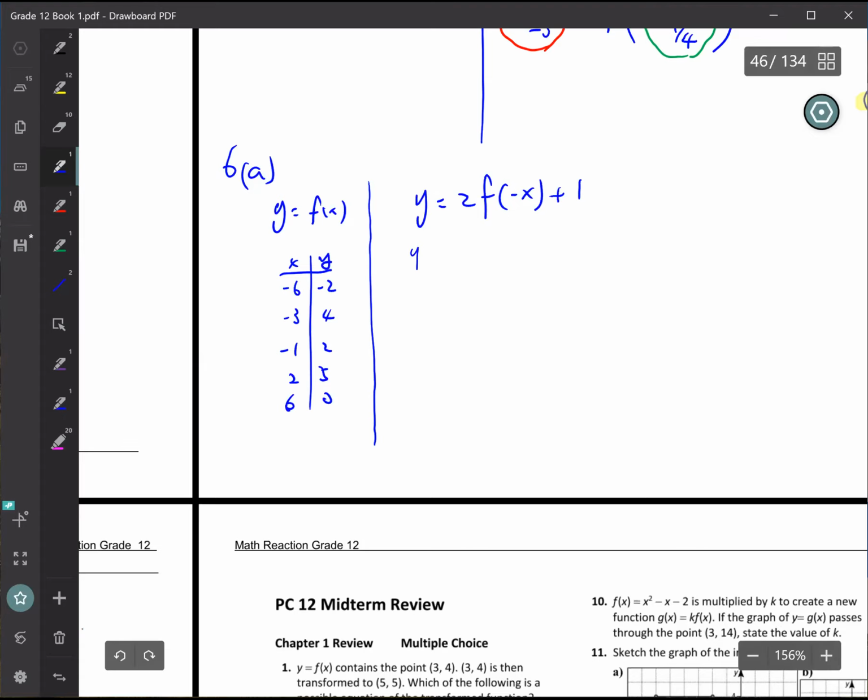Y minus 1 over 2 is equal to f of x over negative. Yeah, okay, so you can write it like that. You could leave the negative with the x or put it under the x. It doesn't matter because there's nothing added or subtracted to the x, right? So either way, it doesn't change anything.